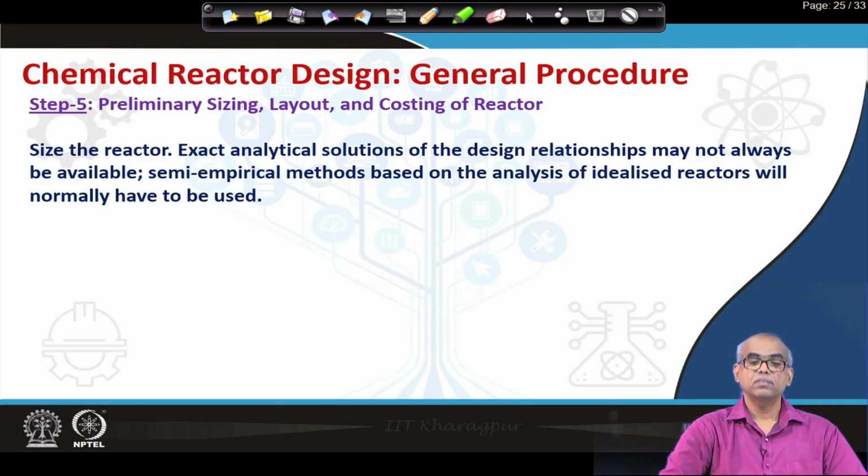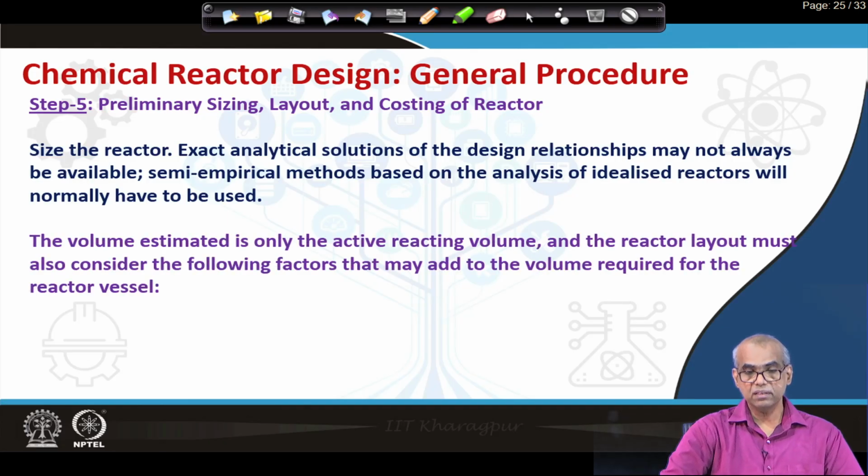In step 5, you can perform preliminary sizing, layout and costing of reactors. While sizing the reactor, exact analytical solutions of the design relationship may not always be available. So, semi-empirical methods based on the analysis of idealized reactors will have to be used often.